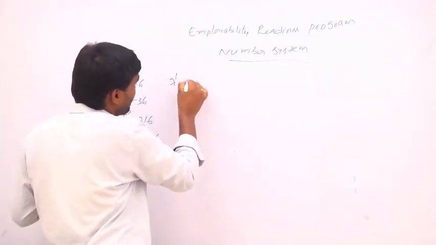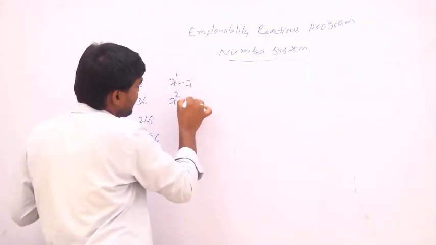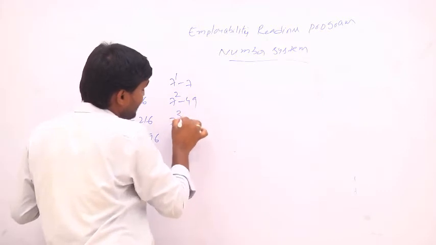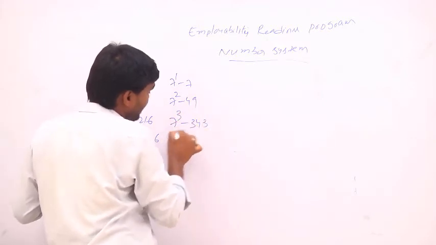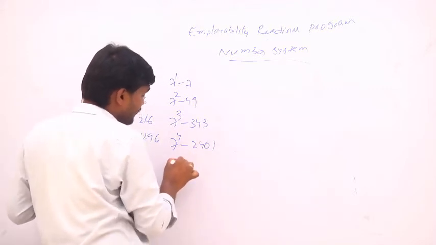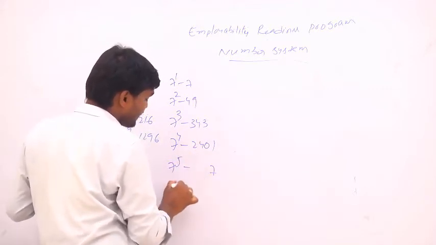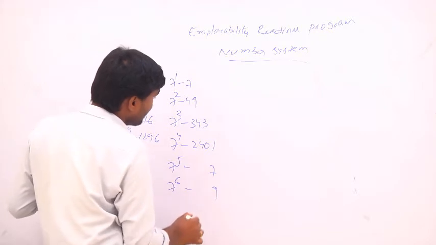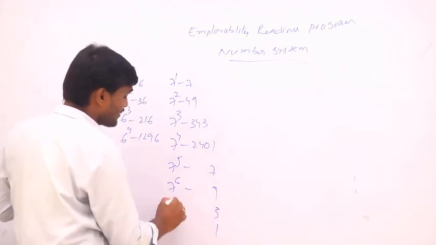So 7 power 1 equals 7, 7 square equals 49, 7 cube equals 343, 7 power 4 equals 2401, 7 power 5 equals 16807.